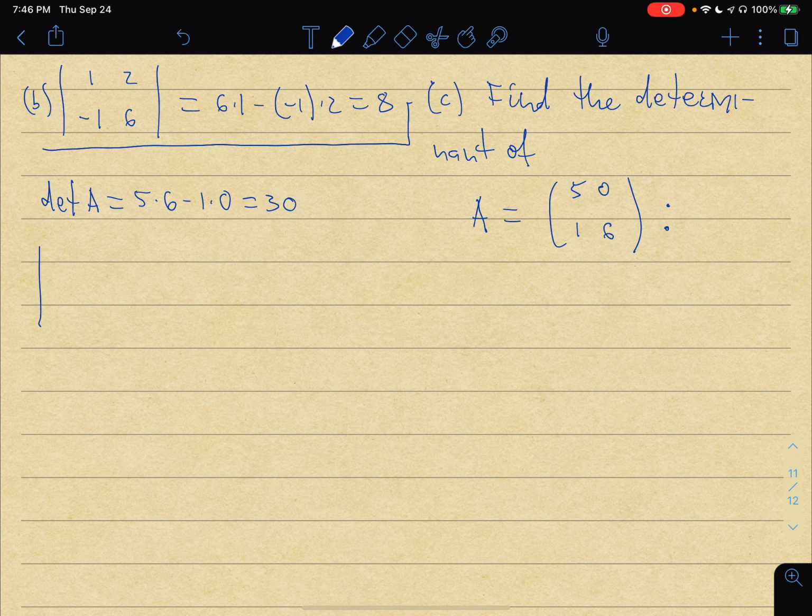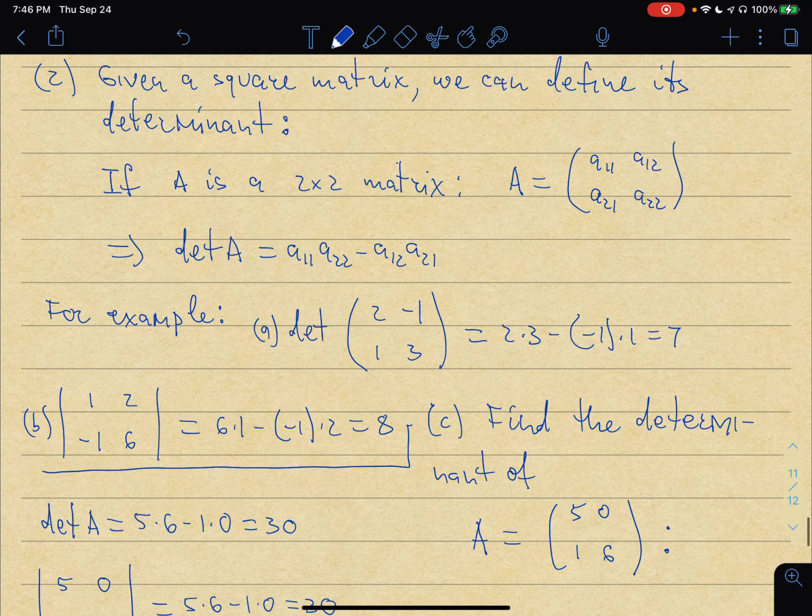Or I can label it as the same table but with vertical lines. This will also stand for the determinant 5, 0, 1, 6. Still 5 times 6 minus 1 times 0, and that is still 30. Okay, so that is a 2 by 2 determinant.